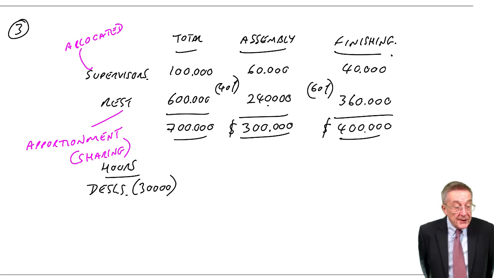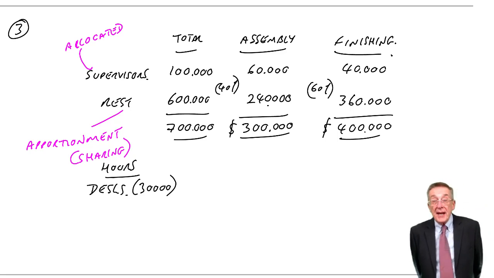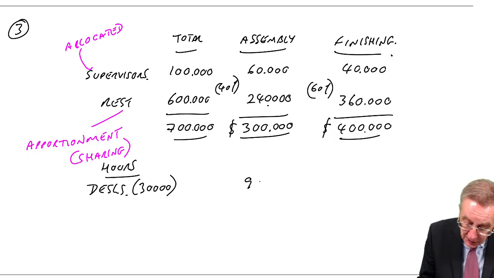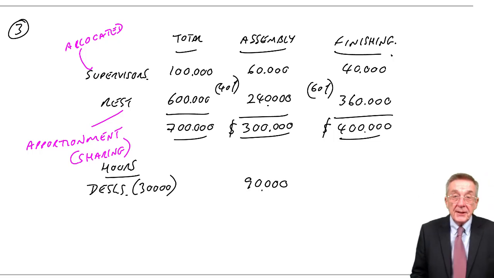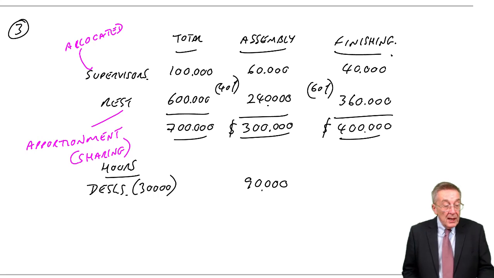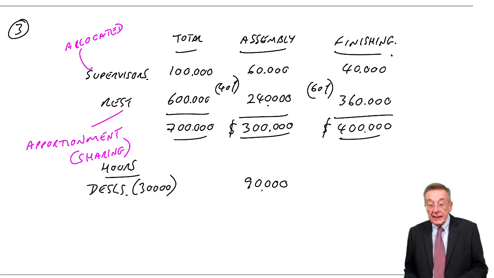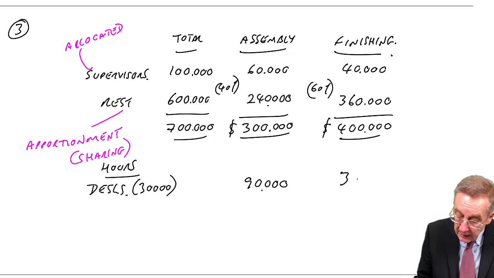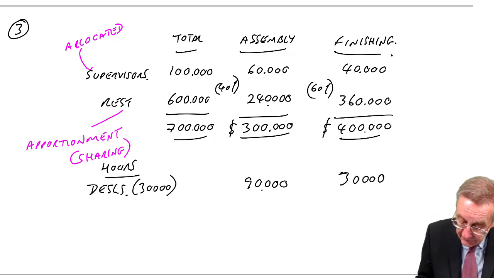And if you look back, it says they spend 3 hours in assembly. So 30,000 at 3 hours, they spent in total 90,000 hours in assembly. They spend 1 hour in finishing. Well, 30,000 desks, 1 hour. It'll be 30,000 hours in finishing.